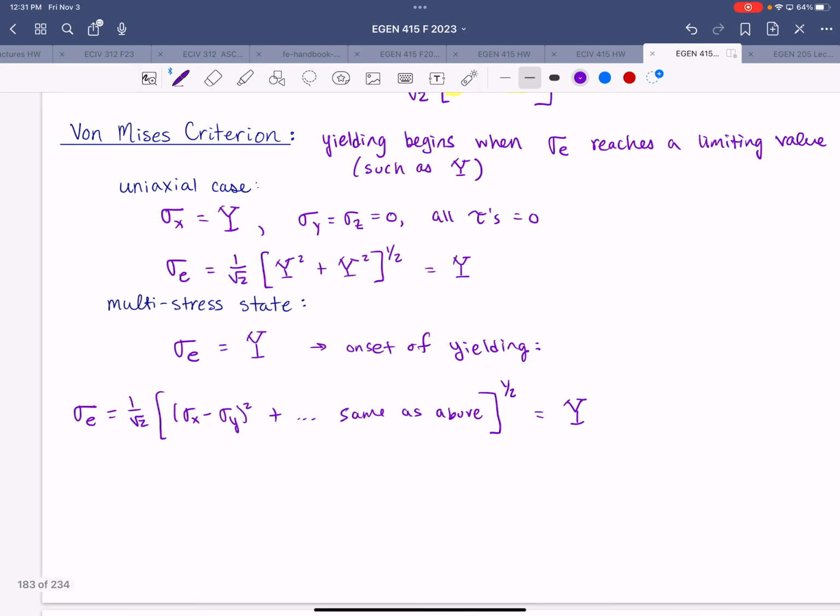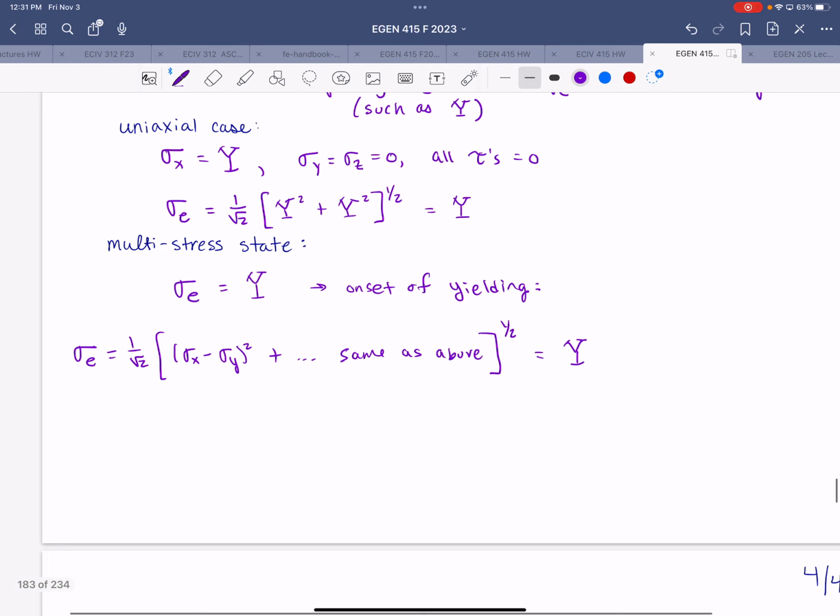If you are just working in terms of principal stresses instead of an XYZ stress state that includes shear stresses, then this will simplify.